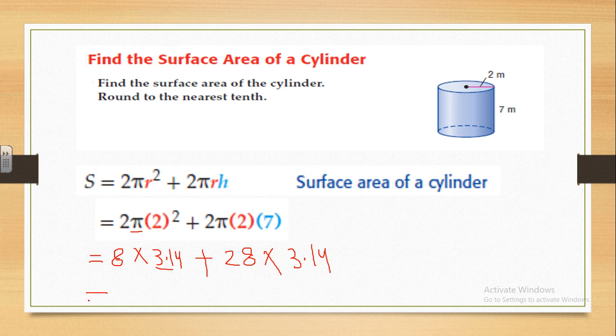So 8 times 3.14 equals 25.12, plus now we have 28 times 3.14, and that equals 87.92.